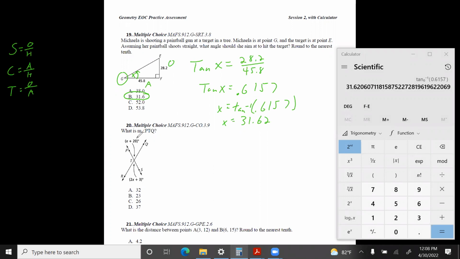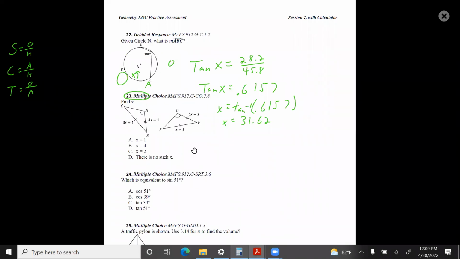On number 20, what is the measure of PTQ? I feel like we did this problem already. The same problem as earlier. I know there's one just like it. I feel like those numbers are exactly the same. Let me go back for a second.